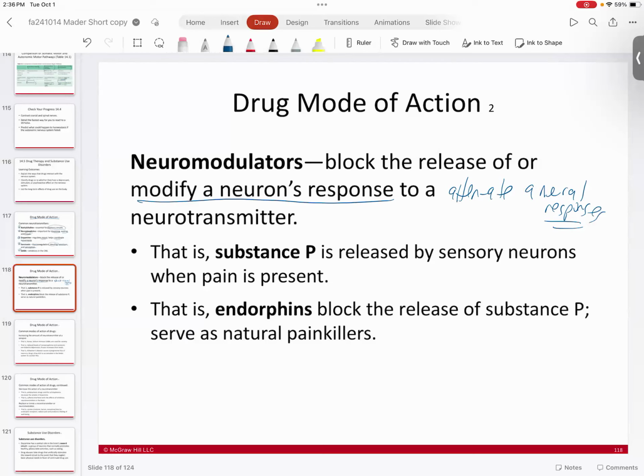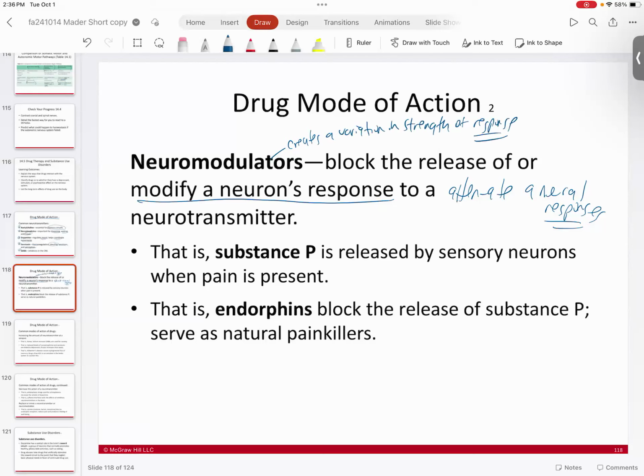So a neuromodulator is one that kind of qualifies, well, how excited are you? Or how inhibited are you? So it basically creates a variation in the strength of the response. And that's how those work.